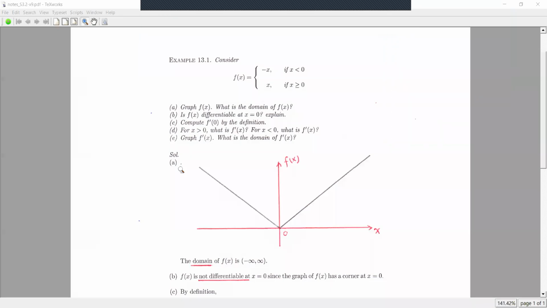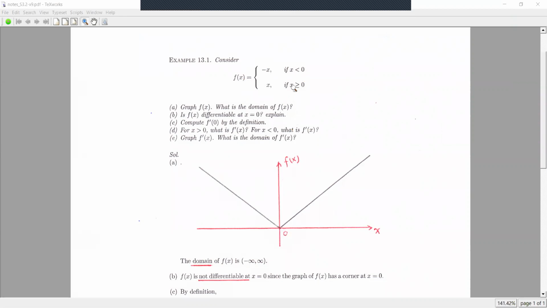Solution to part A. This diagram is the graph of this function. For x less than 0, the graph is the graph of negative x. It is this line passing through the origin with slope -1.